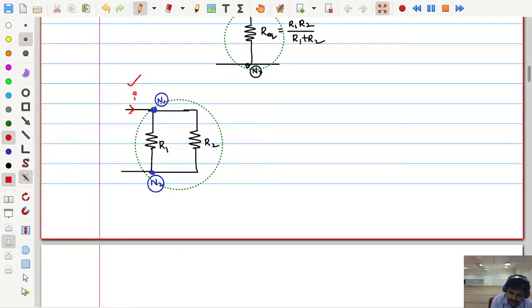Now we would like to distribute this current I as I1 and I2. This derivation I already made, you can refer back to that corresponding lecture. Just to have a better understanding, I am giving some analogy. You are R1, your brother or sister is R2. When you and your brother are in series, it is one kind of phenomenon. When you are in parallel, it is another kind of phenomenon.